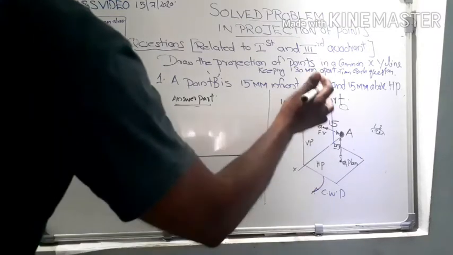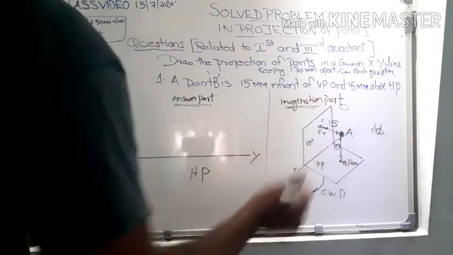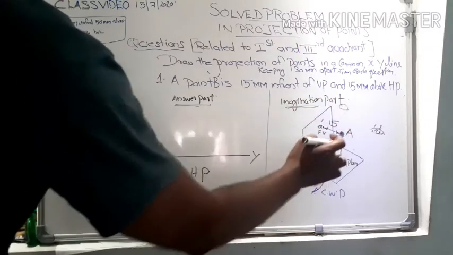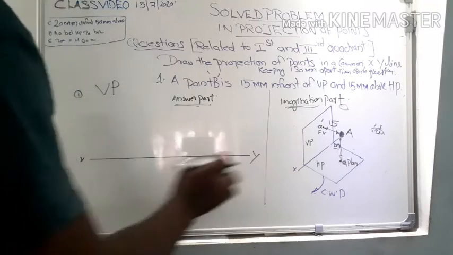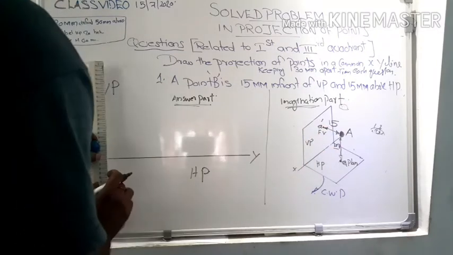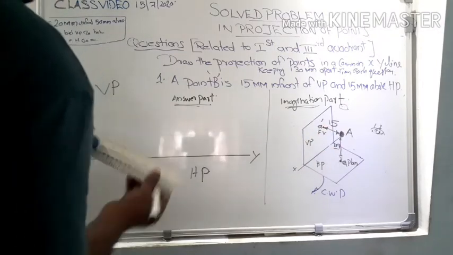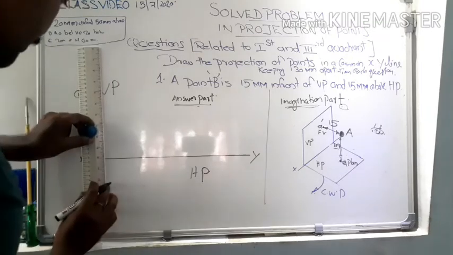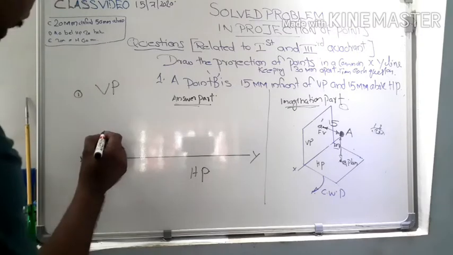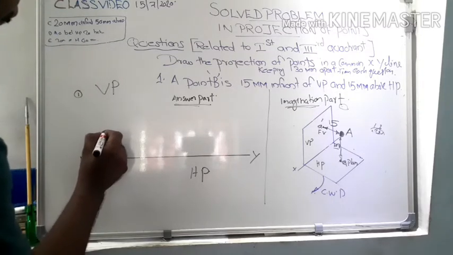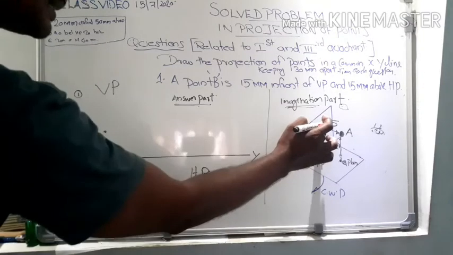Now the first step is to draw its front view. What is the dimension? 15 is the dimension. That means by using your scale, take 15 mm, put a point here. That point is marked as A dash.